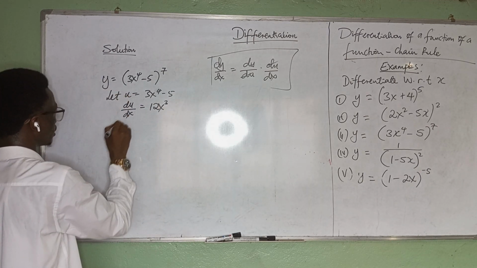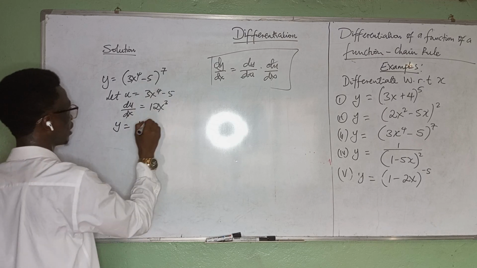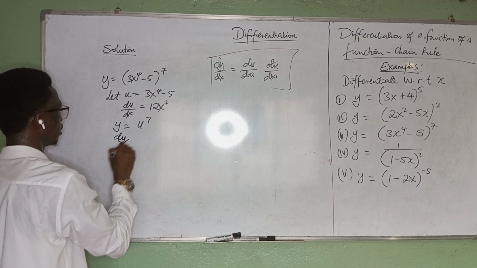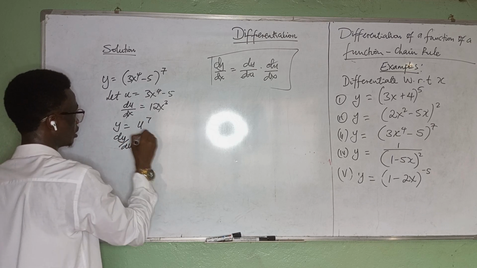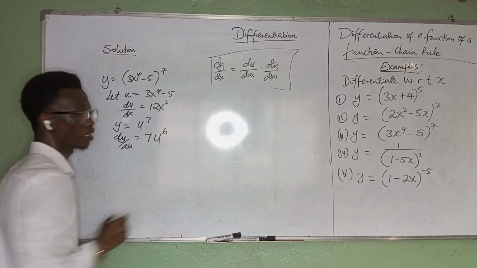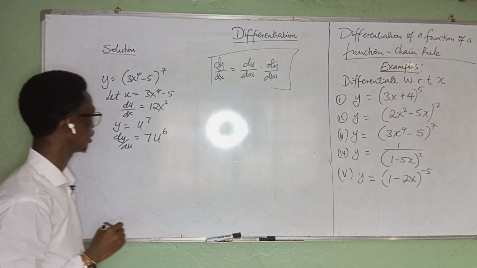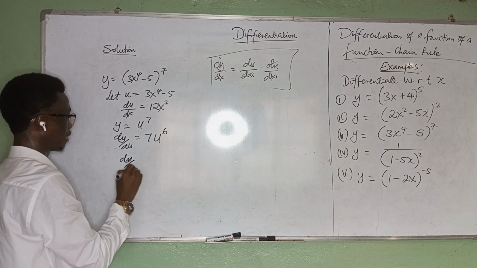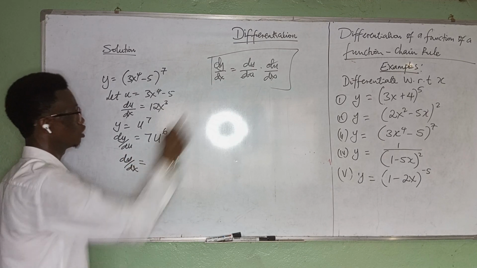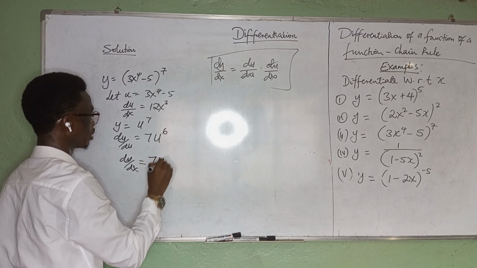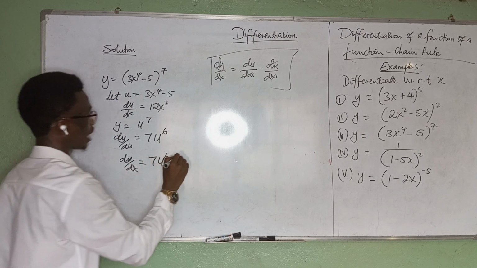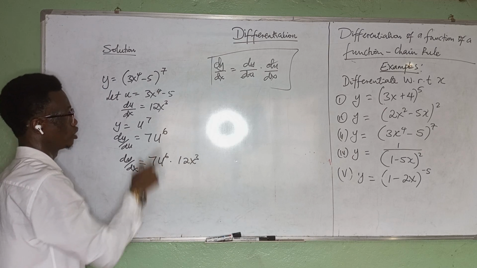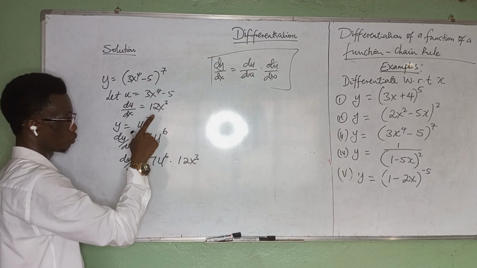So remember, this is now y equals u raised to the power 7. Now you are differentiating dy by du, which gives you 7u raised to the power 6. Now all you have to do is apply the formula. dy by dx equals dy by du, which is 7u raised to the power 6, multiplied by 12x cubed. We change u back to what it is.